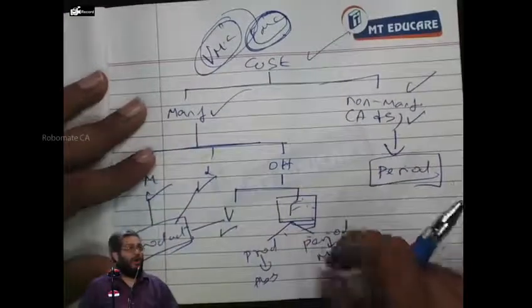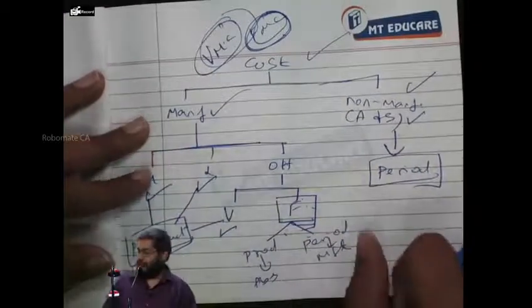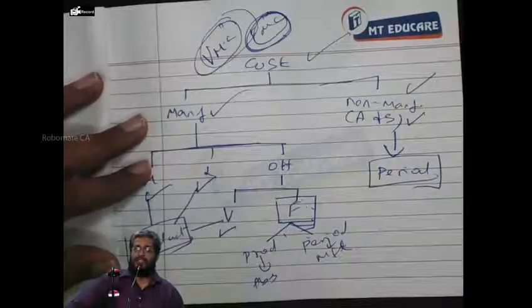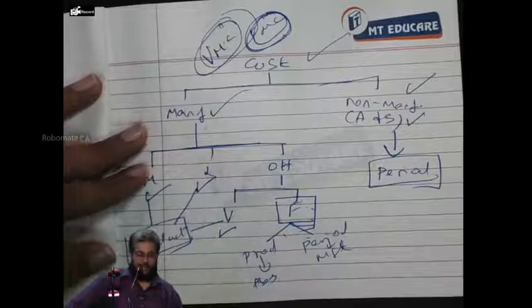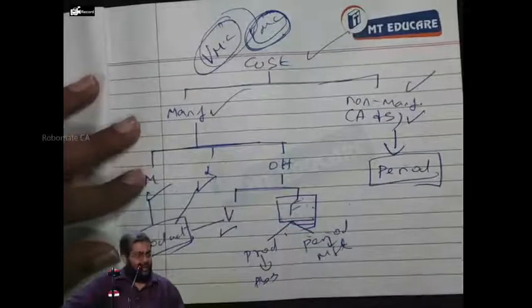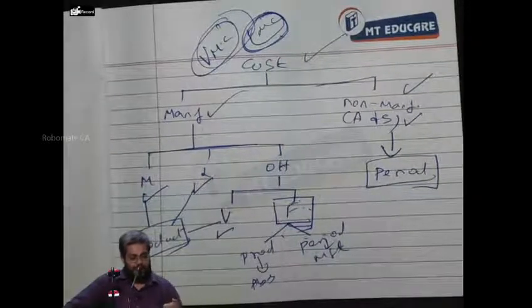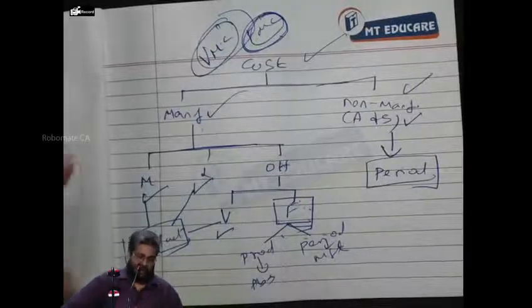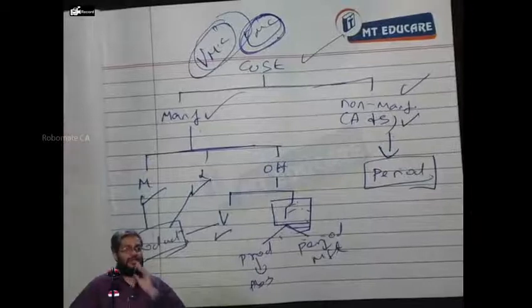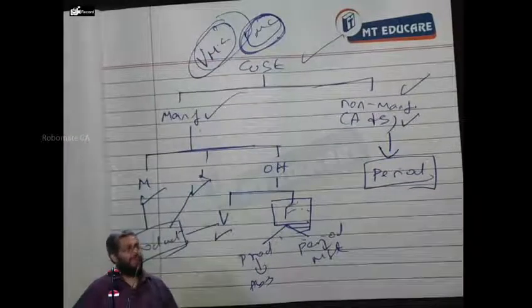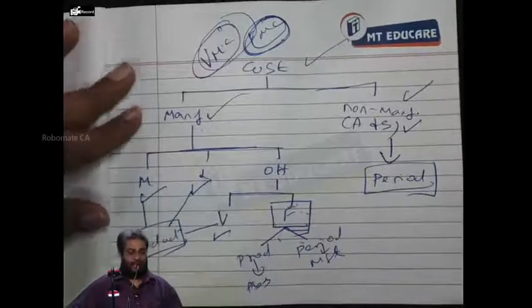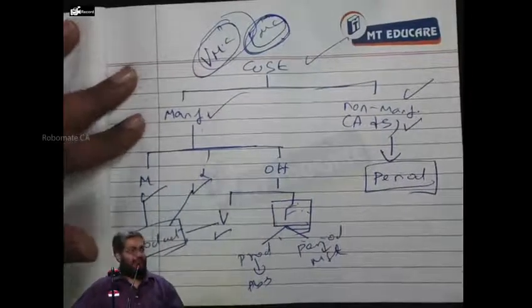And absorption costing system values stock at what cost? Full manufacturing cost. Absorption costing system values stock at full manufacturing cost, in brackets FMC, full manufacturing cost.